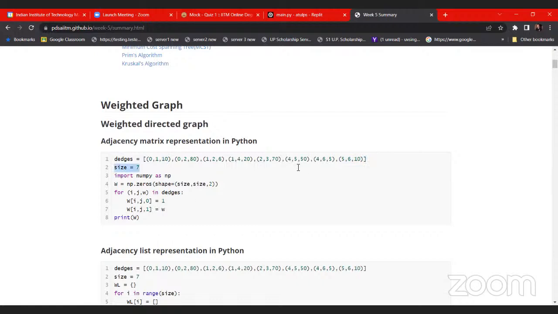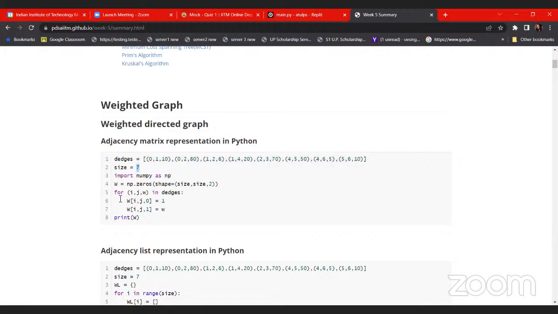These are all the edges, which we are representing by the variable dh. Second is the size of the graph. Here the value 7 represents the total number of vertices in our graph.